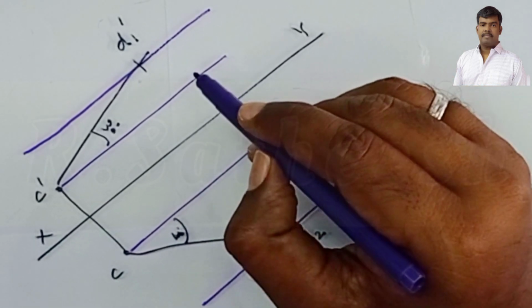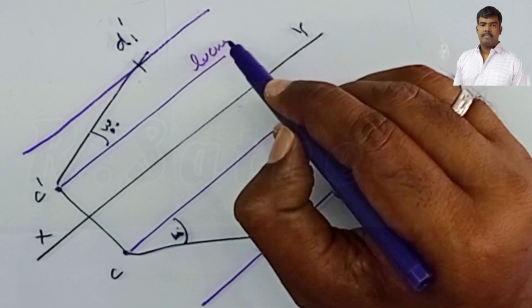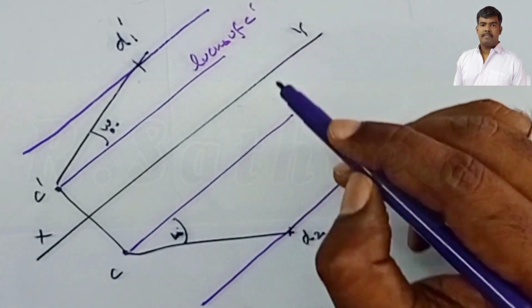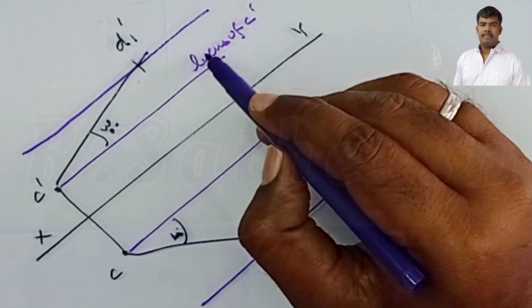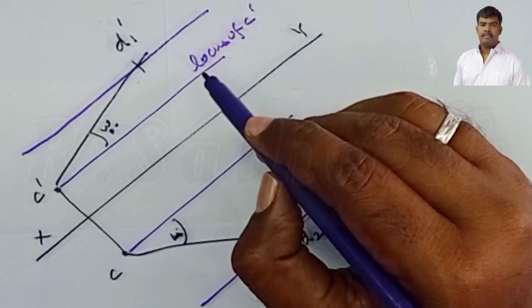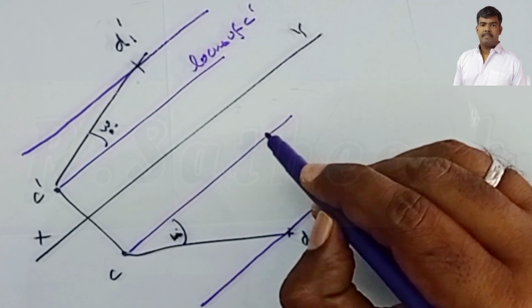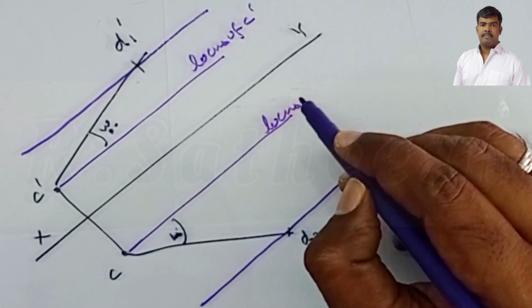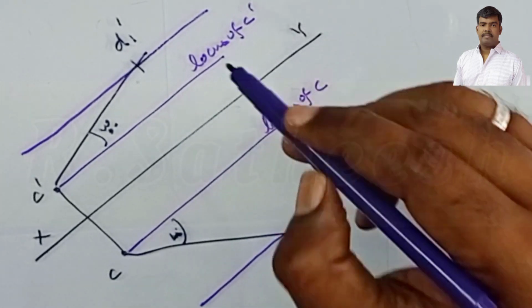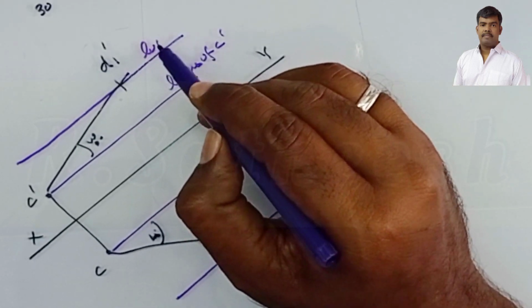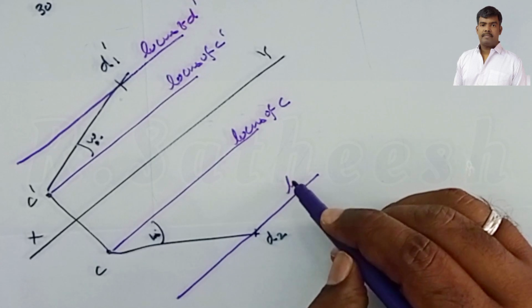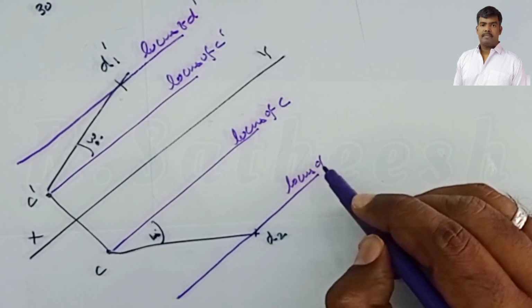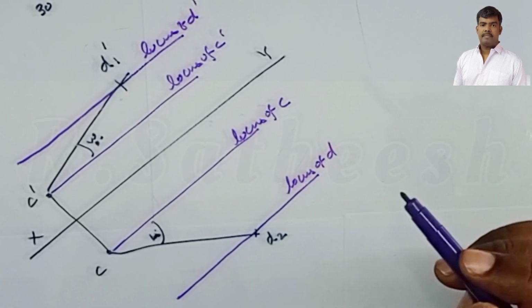Clear. So first one is the locus of C dash, another one is the locus of C. Now this one is the locus of D dash, this is the locus of D. Clear.